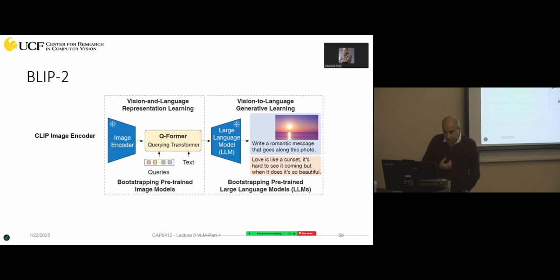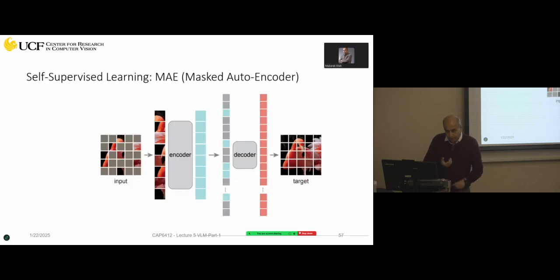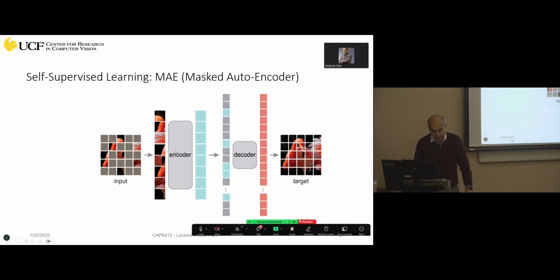Contrastive learning was used for the CLIP encoder. Remember I talked about earlier another way to learn in a self-supervised manner called MAE, masked autoencoder. You mask these tokens, put them through the encoder, and predict those masked tokens, and that's the way you learn. This representation can be used for the image representation.